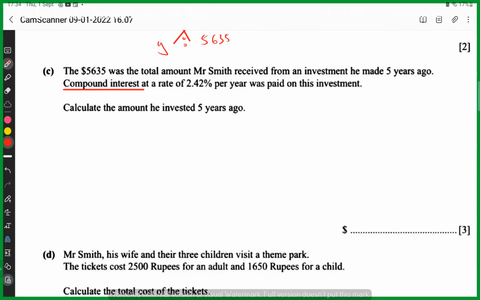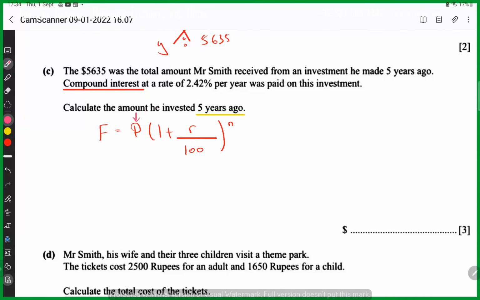So the formula is F is equal to P into (1 plus R divided by 100) to the power N. This is my formula. I need to find the amount that Mr. Smith invested 5 years ago. It means that I need to find this initial amount. I need to make P the subject.